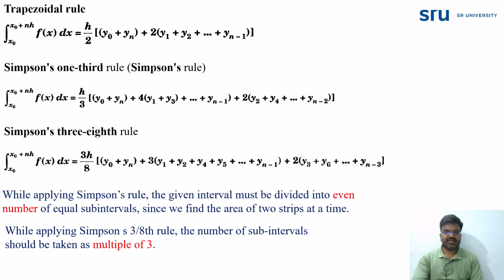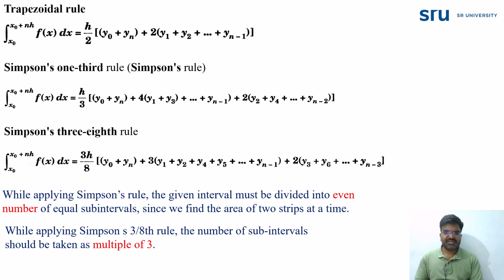Now you can see the 3 rules: trapezoidal rule, Simpson one-third rule, and Simpson 3/8 rule. You have to observe one thing. For trapezoidal rule, there is no restriction on subintervals. You can divide the given integral limits into n number of subintervals. There is no restriction on n.